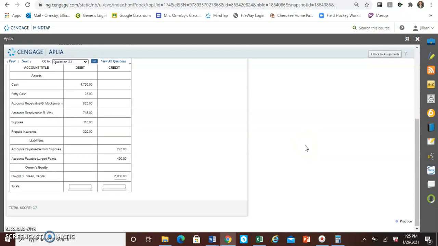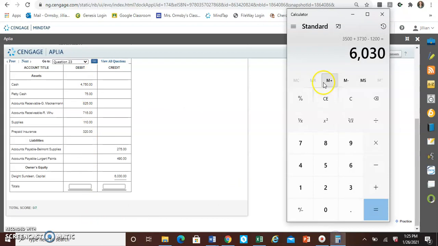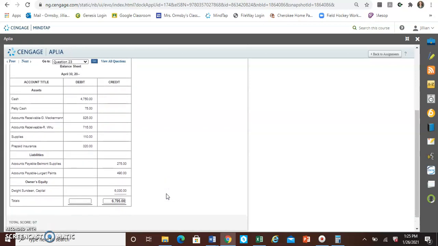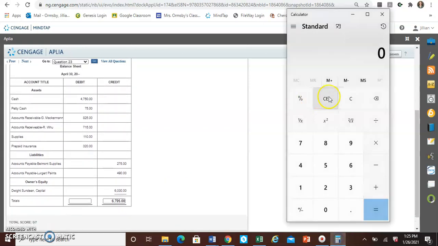Next, what we're going to do is we are going to add both sides. So I already have the 6,030 plugged in, so I'm going to do plus 490 plus 275 equals 6,795. Next, what we're going to do is we are going to add up all of our assets.